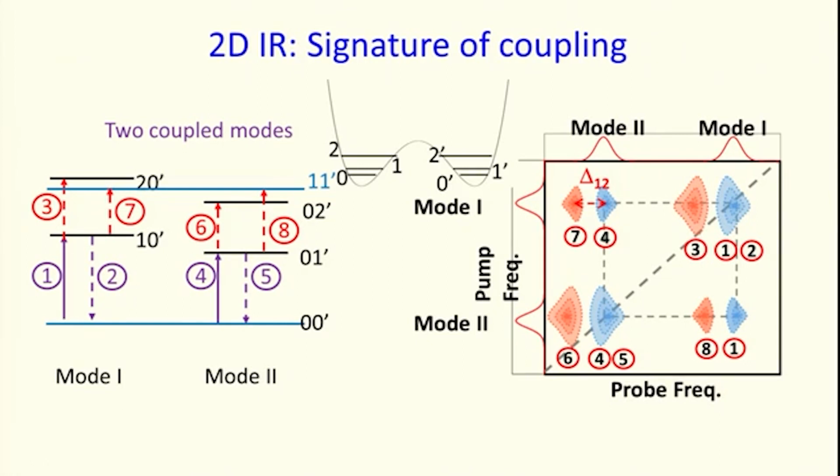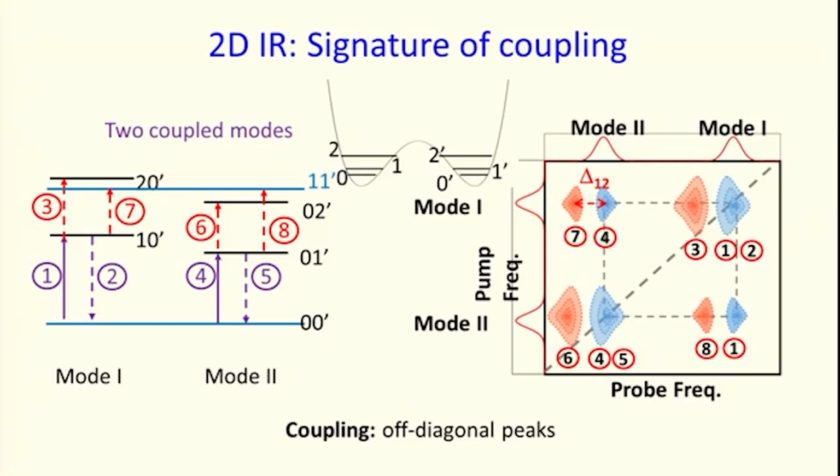So the significant new feature that we get if we perform 2-dimensional IR spectroscopy is off diagonal peaks. And as we have seen in the discussion so far, off diagonal peaks do not arise if coupling is not there.